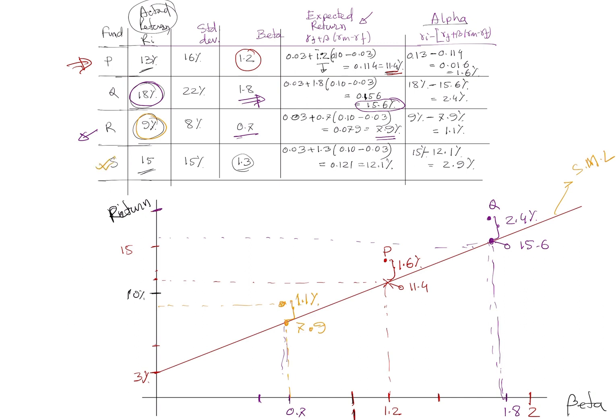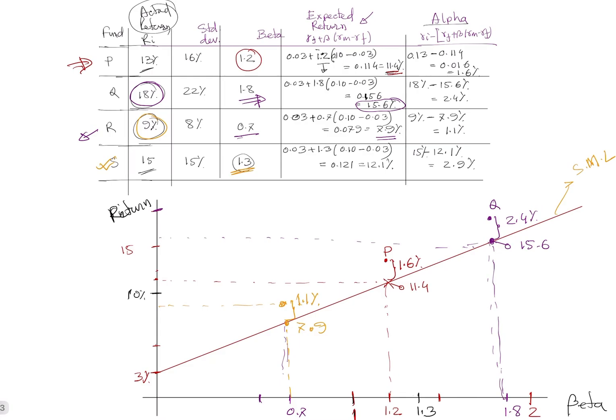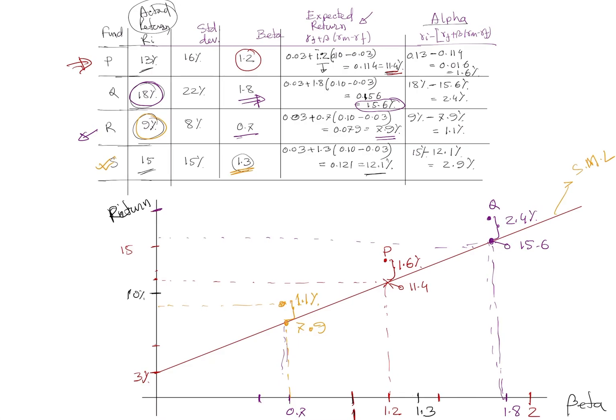And the last one, we got the beta 1.3. So they're very close in here. Probably a little bit here. Just write in a different color. Then let's do black. So 1.3. And when we have this 1.3, the expected return becomes 12.1. So 12.1 is below that, somewhere in here. Let's put this value somewhere else.